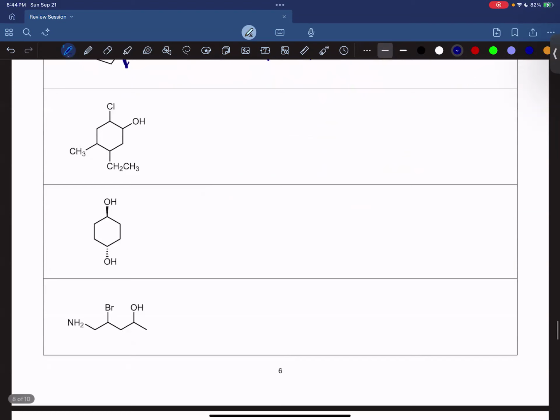All right. We have another cyclohexane here. Of course, the alcohol is here, so it gets number 1 priority. So this will be our 1. And we're going to number it so that it gets the lowest numbers possible. So we have to go to the left. So chlorine will get 2, and then 3, 4, and 5.